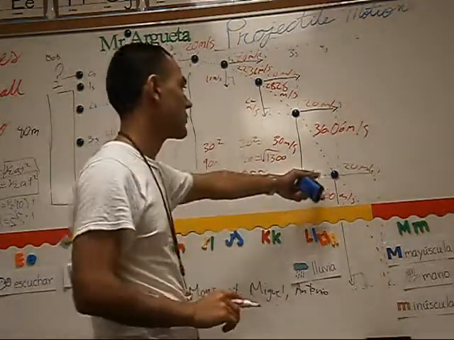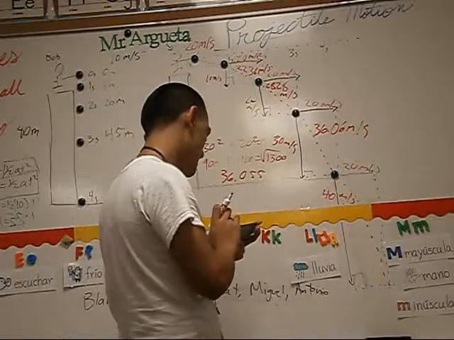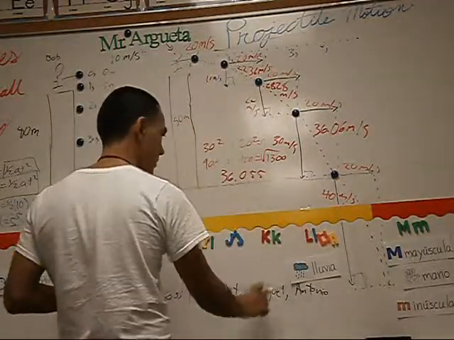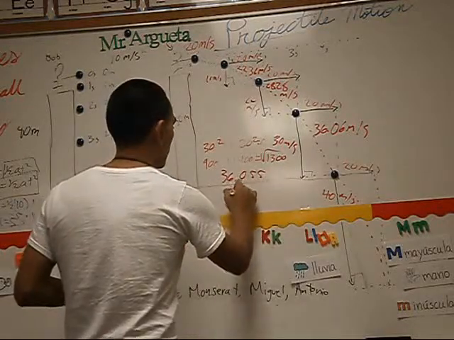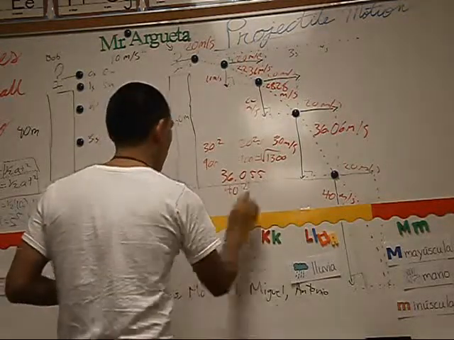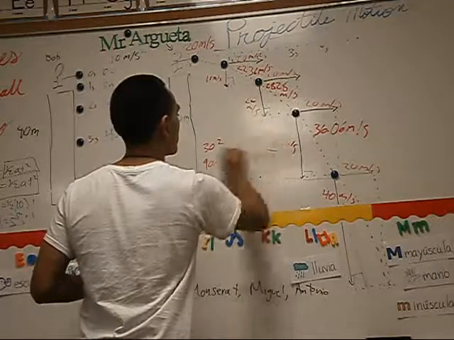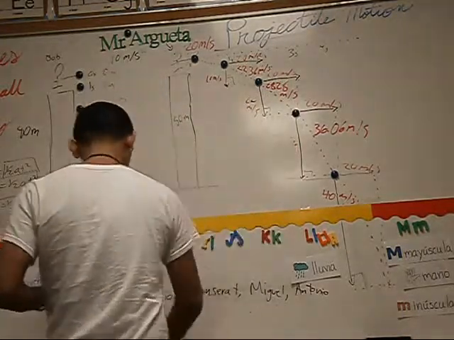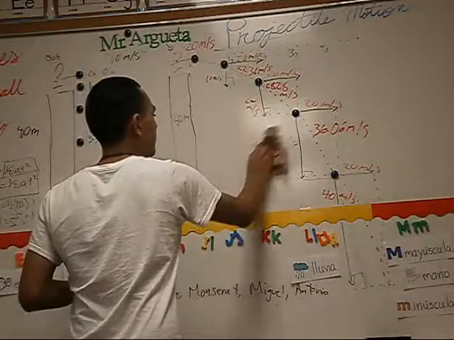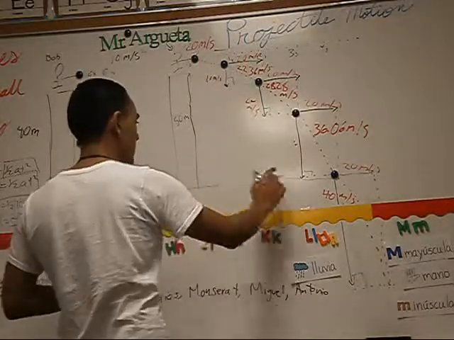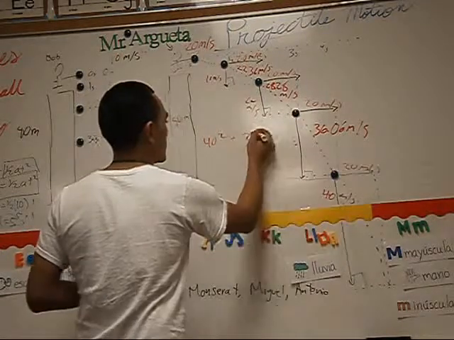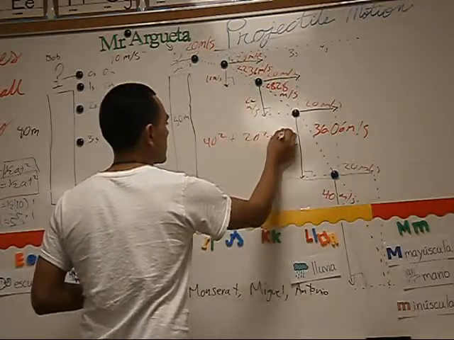Alright, now we have to figure out this one. So now we have 40 squared plus 20 squared equals R squared, the resultant.